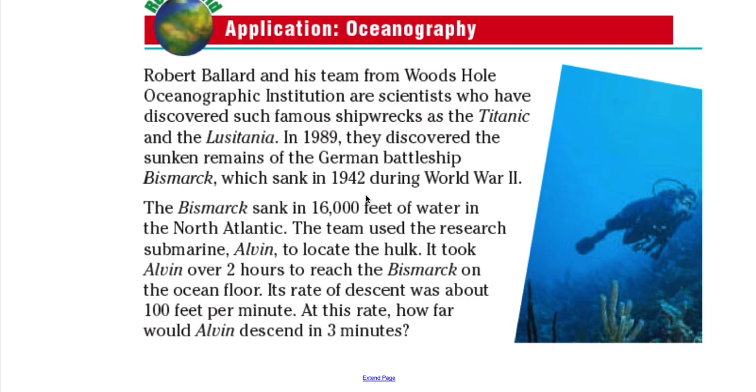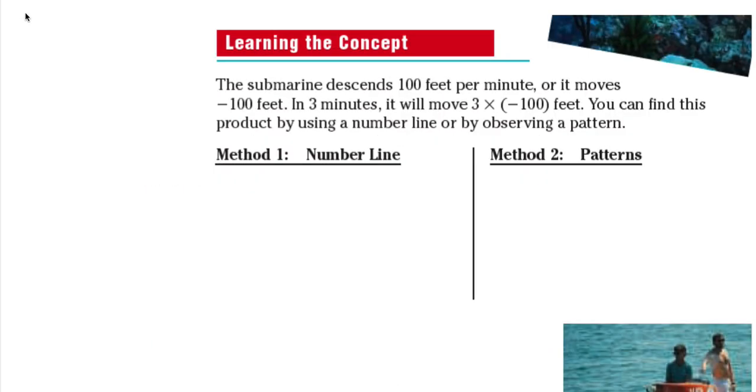In order to solve this, we know that the submarine descends 100 feet per minute, or it moves negative 100 feet. Remember that when you talk about above sea level and below sea level, it's like a vertical number line, where sea level is your origin, or the zero.